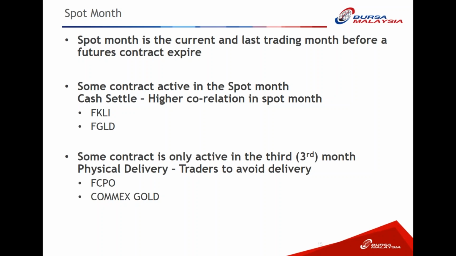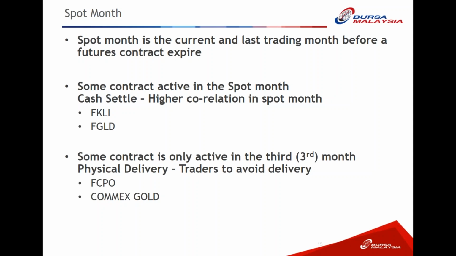And if you're trading FCPO, or crude palm oil, the November contract just expired on the 15th, which is yesterday. And the spot month contract of CPO now, you have to read the specification, is December. So December becomes the spot month of CPO. And some contracts are actually active in the spot month.